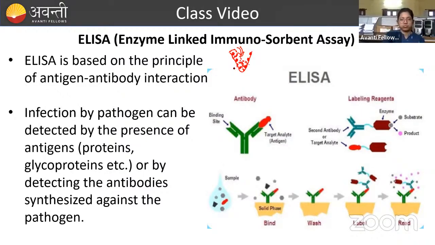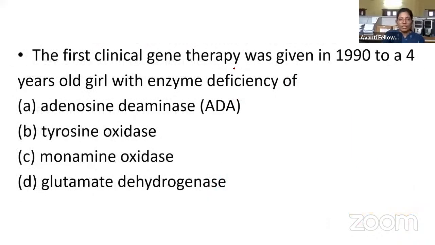Yes. So here is a question. The first clinical gene therapy was given in the 1990s to a 4-year-old girl with an enzyme deficiency of adenosine deaminase, tyrosine oxidase, monoamine oxidase, or glutamate dehydrogenase.